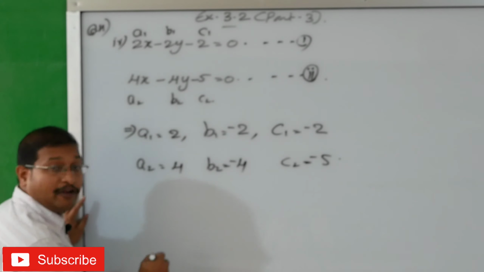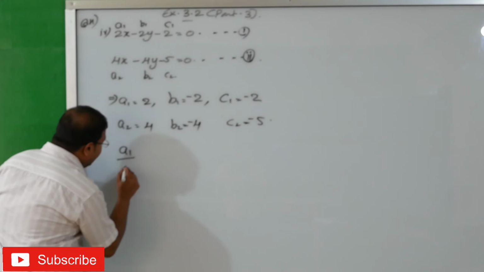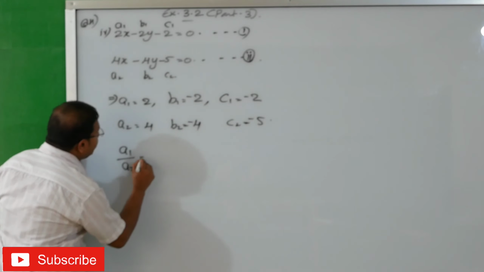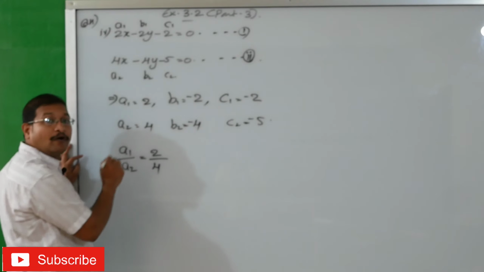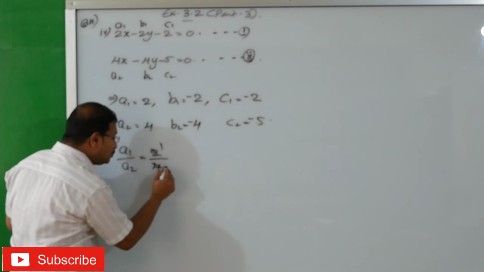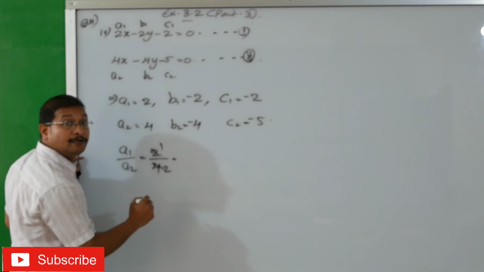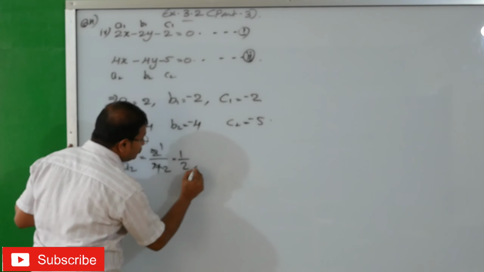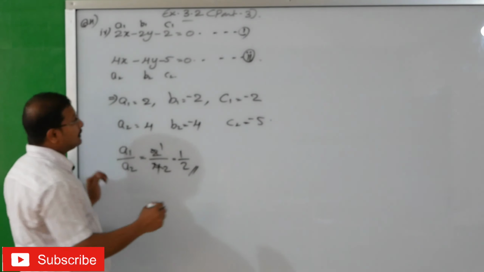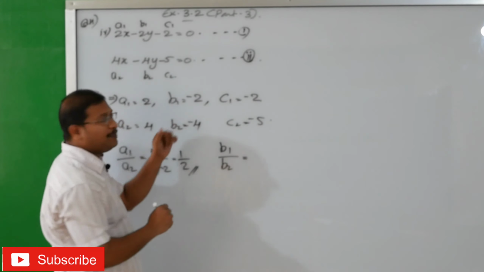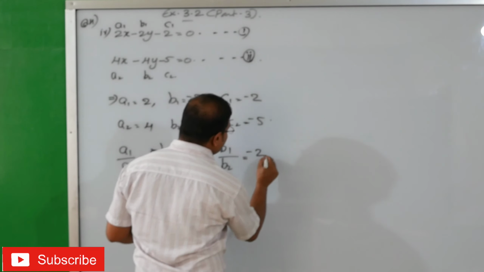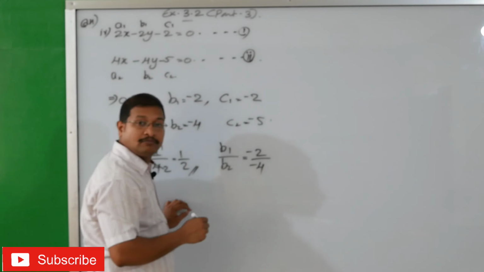After that, what will you do? We will take a1 by a2, which means 2 by 4. 2 ones are 2, 2 twos are 4. We are cancelling by 2, so 1 by 2. After that, b1 by b2, what is the value? That is minus 2 by minus 4.